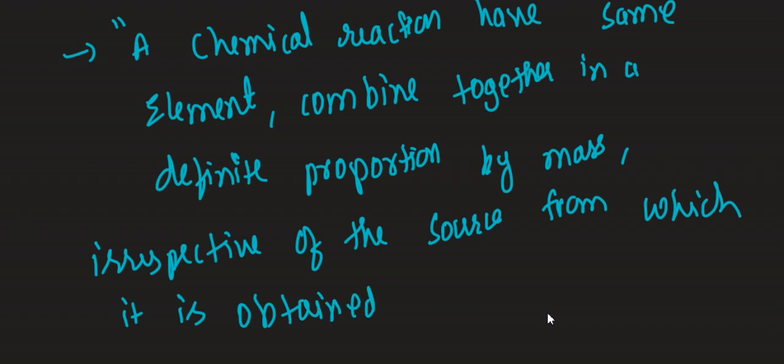Let us try to understand the meaning of this sentence. So what is it saying? It says that a chemical compound will have the same elements, both combined together in a definite proportion by mass, irrespective of the source from which it is obtained.